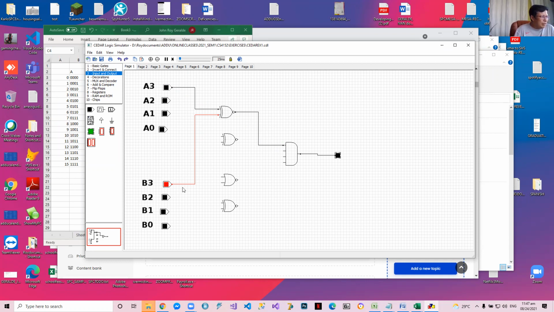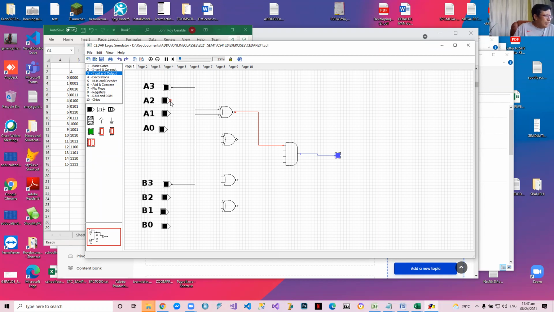This is black, so A and B are not equal. It's very self-explanatory. Blue means you have missing connections, missing inputs.